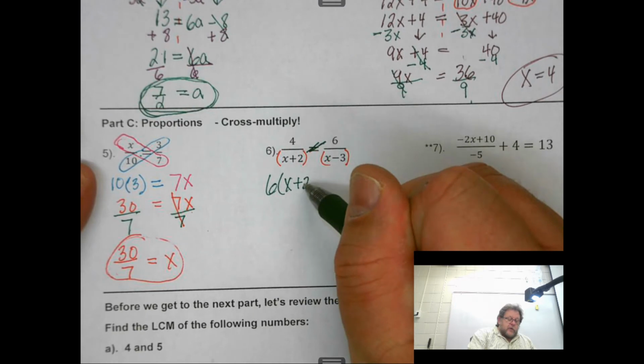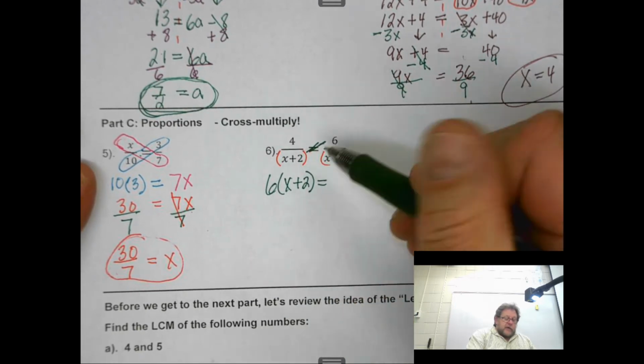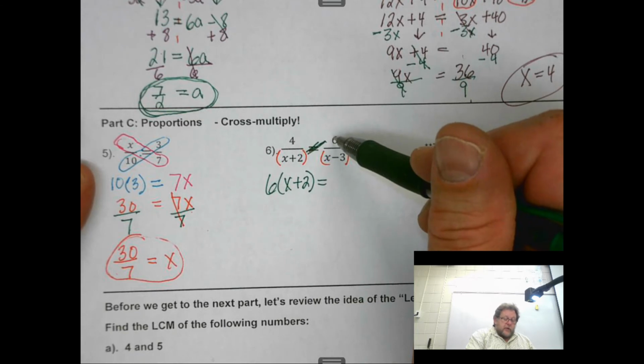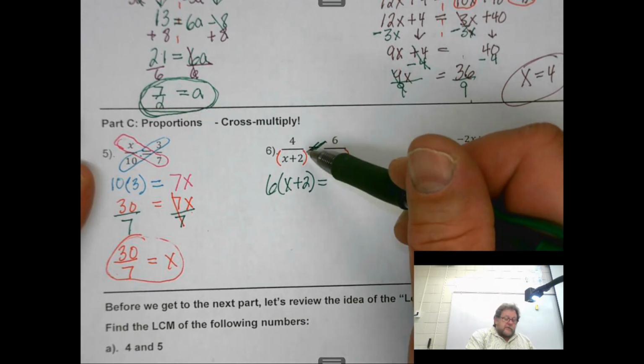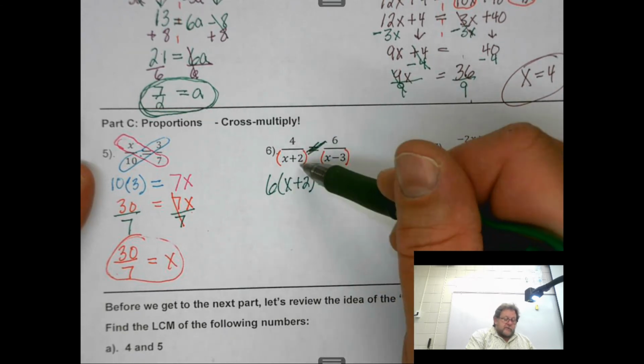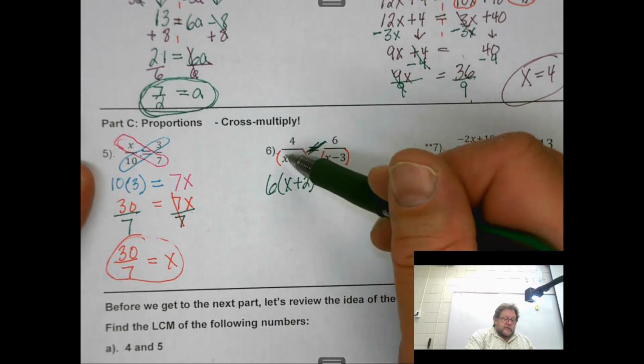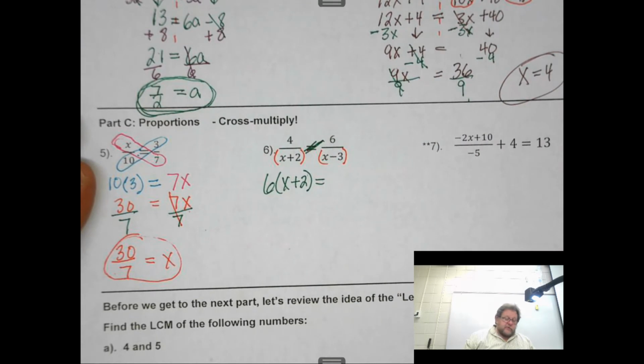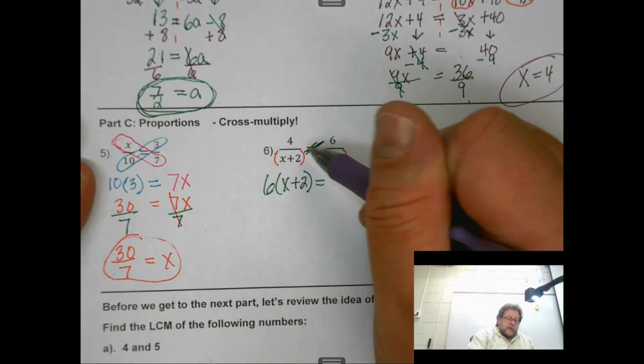They'll just put down 6x plus 2. With those parentheses, it forces me to look at it as a quantity. And then I get 4 times the quantity x minus 3.